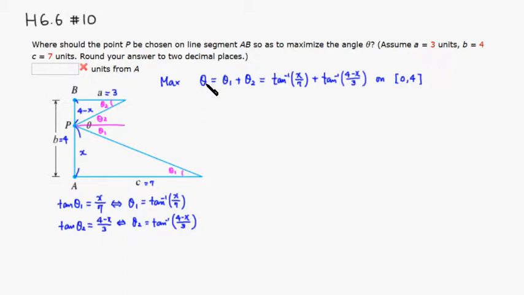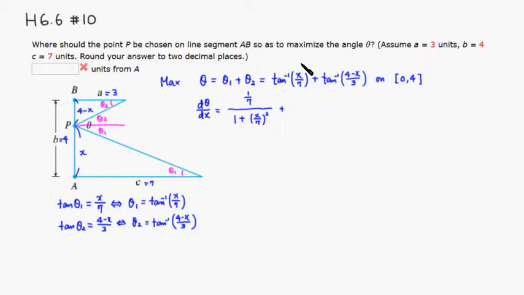This is a function of x, so if you take the derivative of theta with respect to x, it's going to be the derivative of arctangent, so 1 plus x over 7 squared in the denominator, multiplied by the derivative inside, which is 1 over 7.